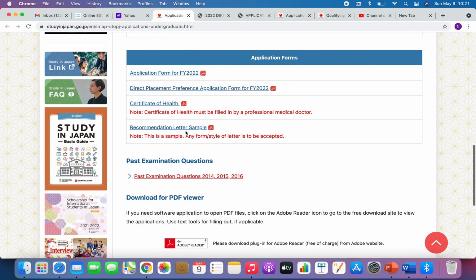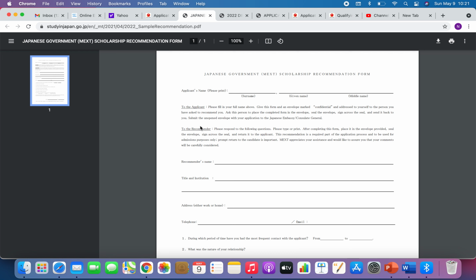And then we have the recommendation letter sample. It says this is a sample. Any form or style of letter is to be accepted. So let's open to see what the sample looks like. For the sample, you have to write your family name first, your first name, and then your middle name.